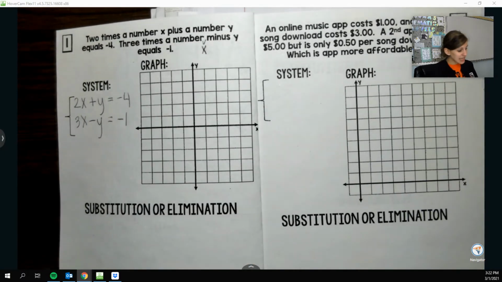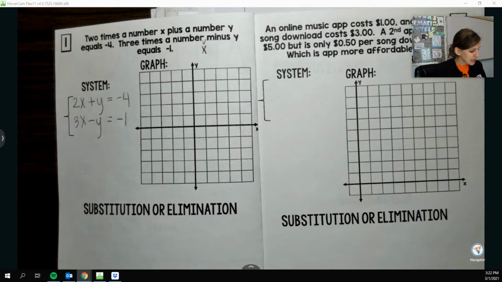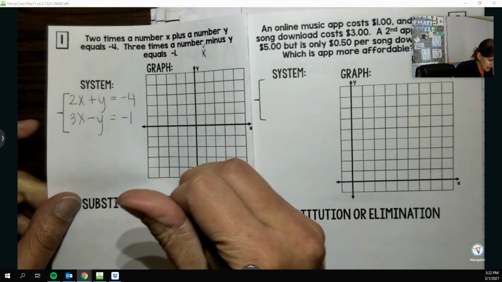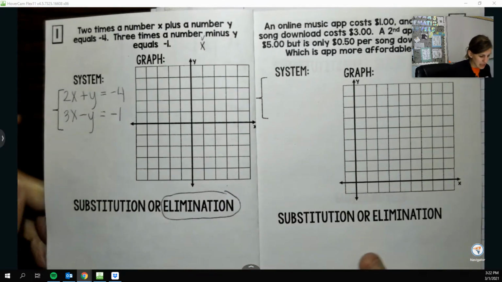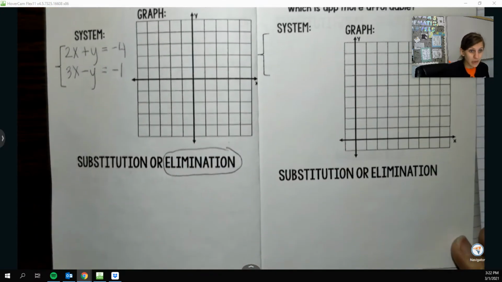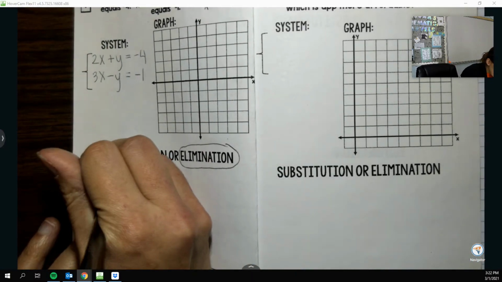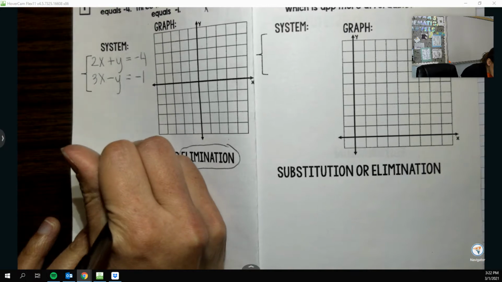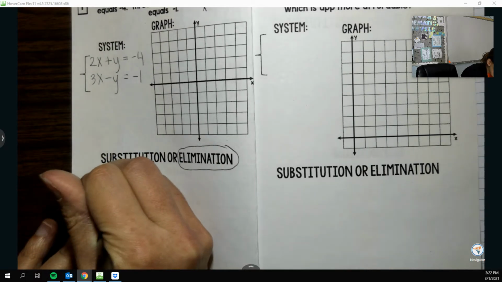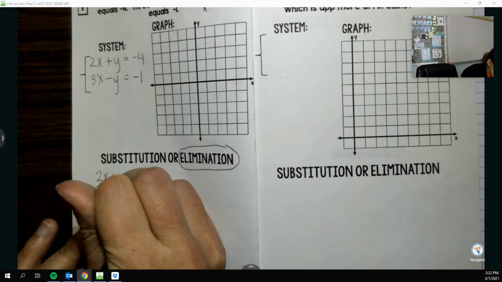So I'll tell you what, by taking a look at this system here, because these are both in standard form, I feel like elimination is best. So I would totally do elimination here. I would take my two equations, 2x plus y equals -4, and 3x minus y equals -1.